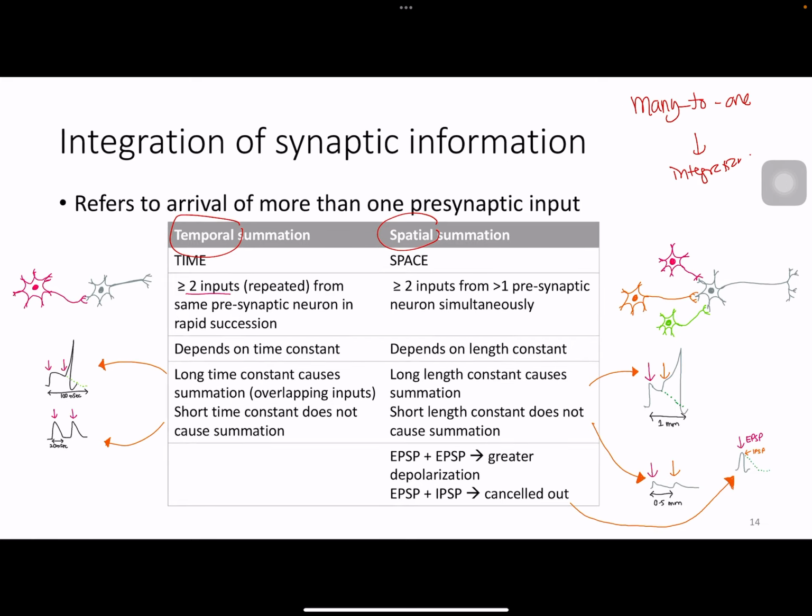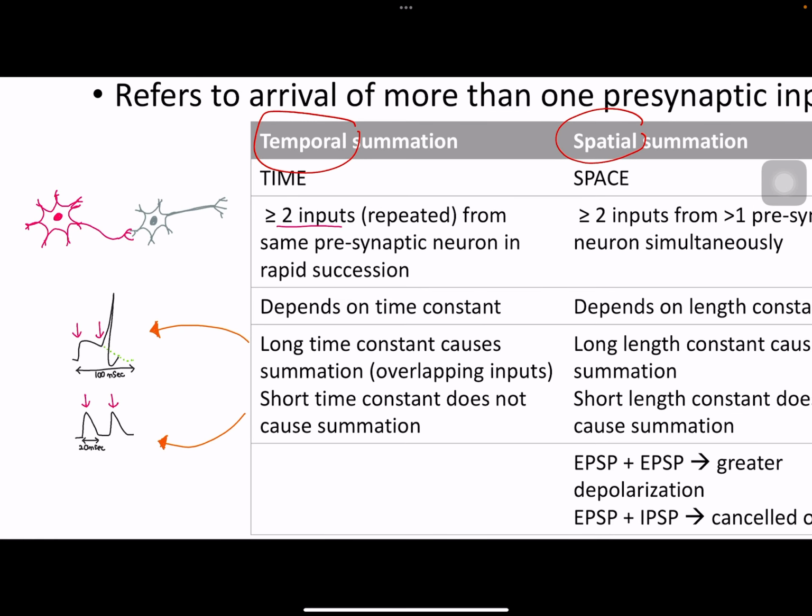Okay, let's look at the temporal summation first. The temporal summation means that this neuron receives a lot of information in a very small amount of time, and usually that information comes from one neuron. So the inputs come from the same presynaptic neuron in succession, and this depends on the time constant.